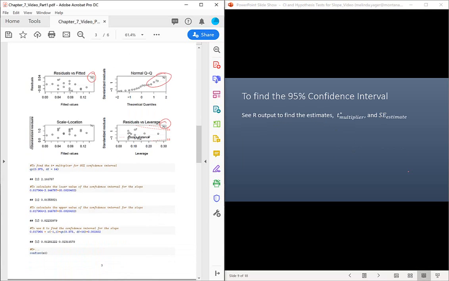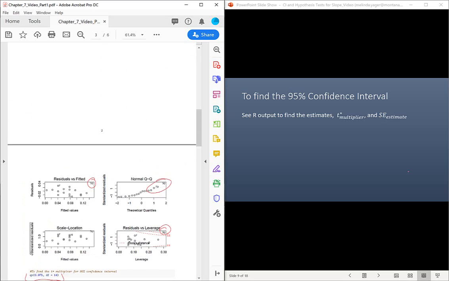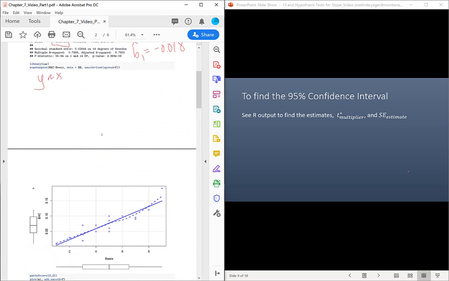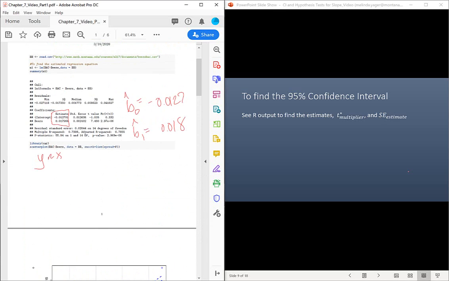To find the t-star multiplier for a 95% confidence interval, we find the t-value at the 97.5th percentile from the t-distribution with n minus 2 or 14 degrees of freedom. This value is 2.145. Looking at the summary of the linear model, we can get the estimates for both slope and the y-intercept and the standard error of the estimates.